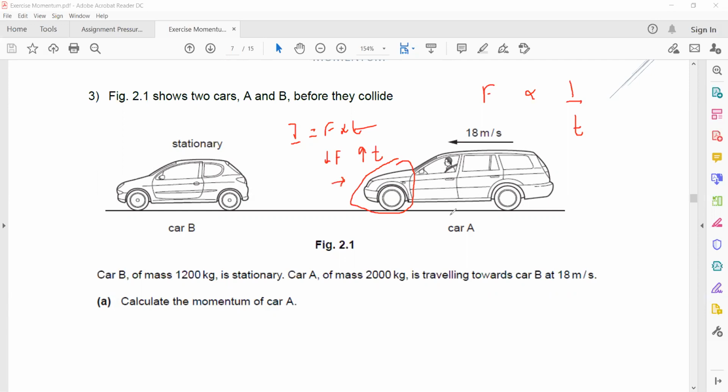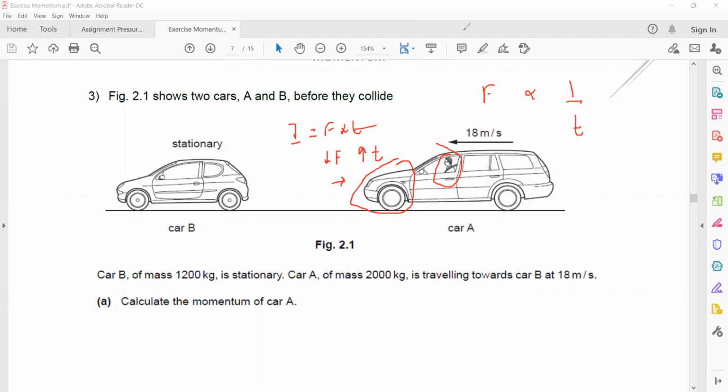As the force experienced by the car decreases, the driver will also experience a smaller force, which reduces the chance of injury or a fatal injury. So these crumple zones absorb energy, increase the time for the object to stop, which reduces the force acting on the car and makes it safe.